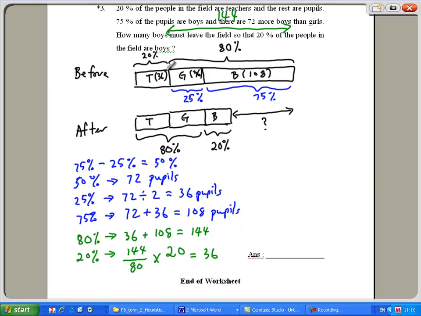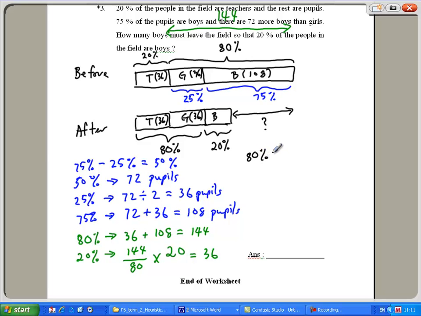So now we need some boys to leave the field. Only the boys change; the teachers remain the same. The girls also remain the same, 36. From 108, we need some of the boys to leave the field so that in the end there's only 20%. So we need to find this. In the after situation, the girls and the teachers make up 80% of the people.